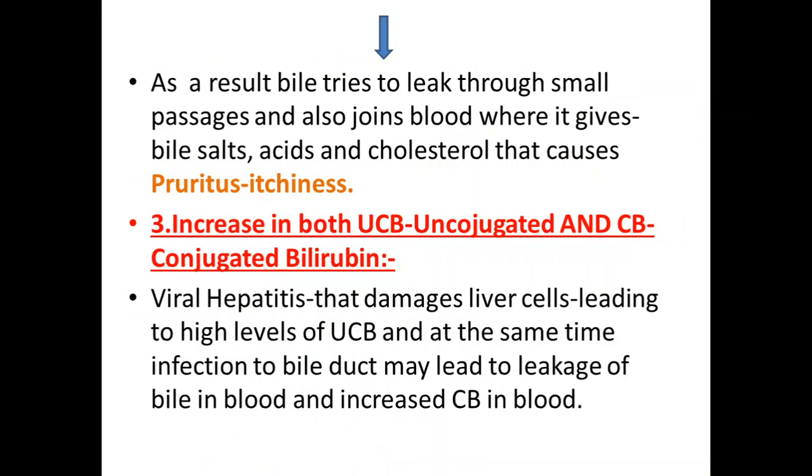Now due to this, what will happen? The bile is obstructed, so bile will try to find a way. It will leak through the passages and join the blood, where it will also release its other products, for example bile salts, acids, cholesterol, and due to this, people complain of itchiness.